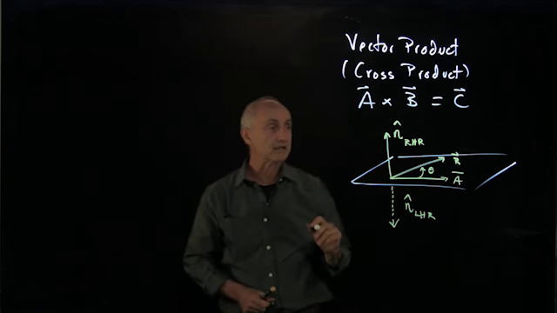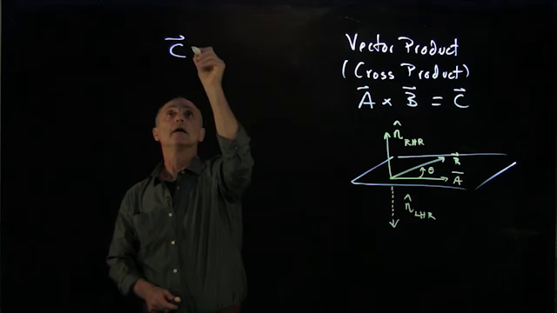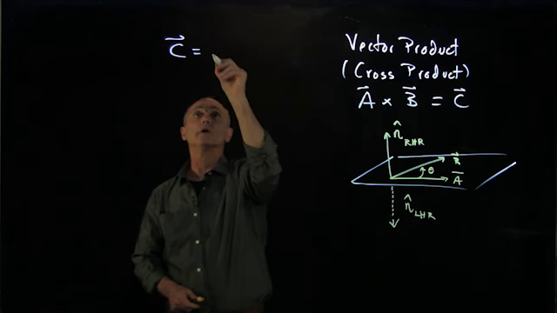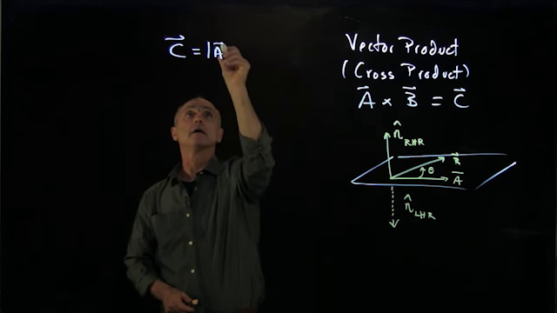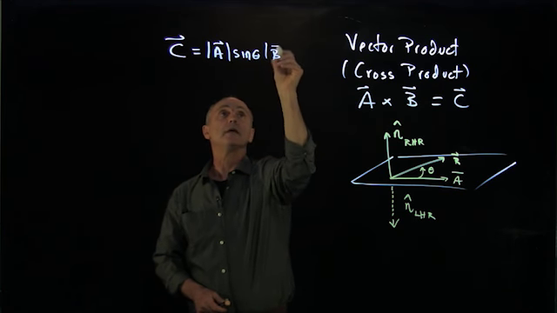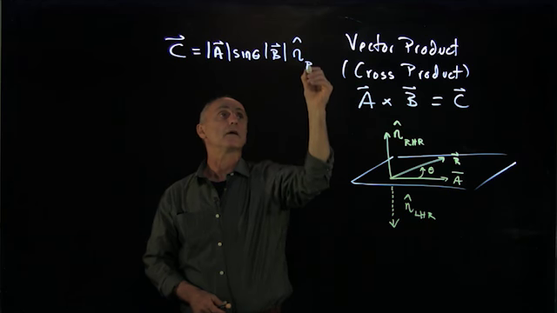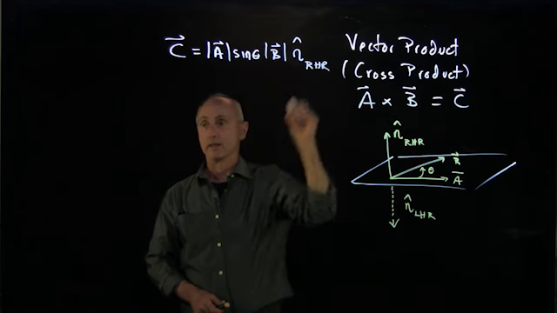And so we define it like this: the vector C has magnitude, the magnitude of A times the magnitude of B times sine of theta, and its direction is given by the right-hand rule.